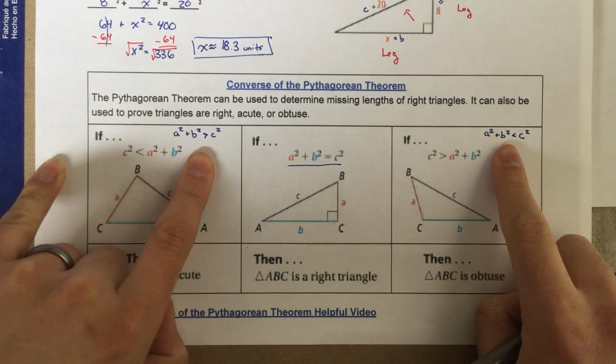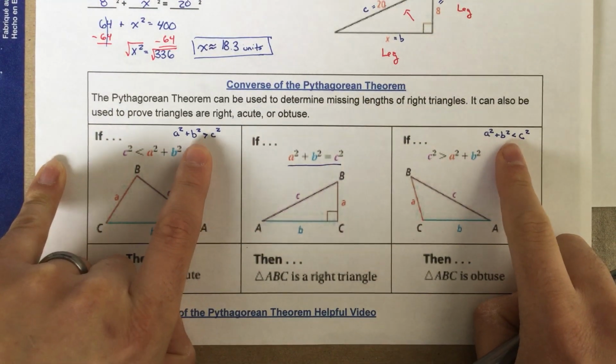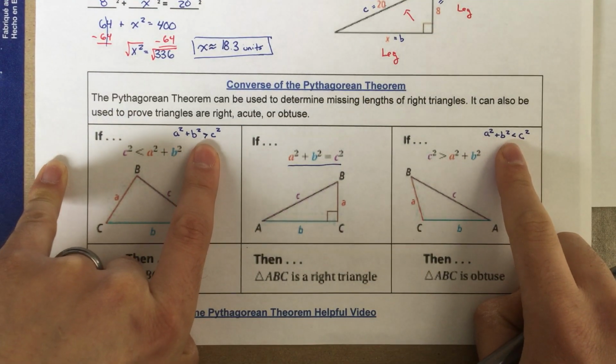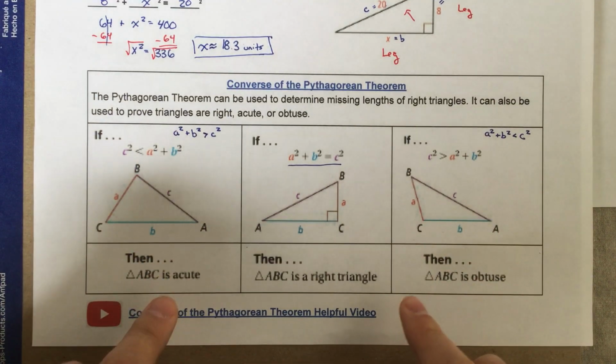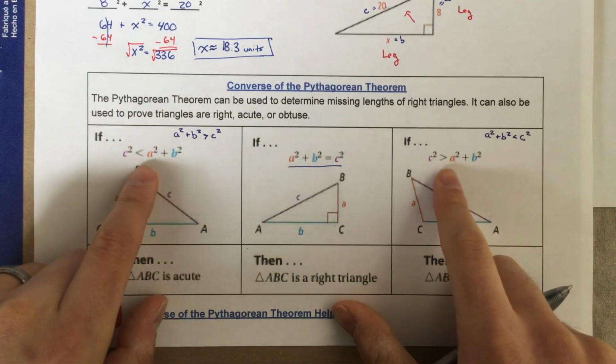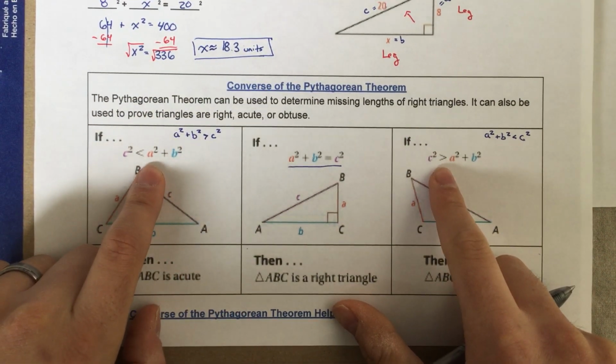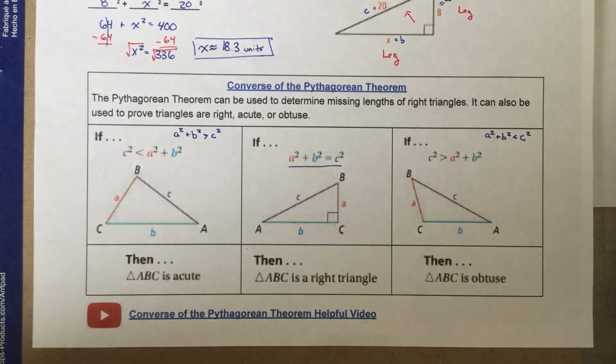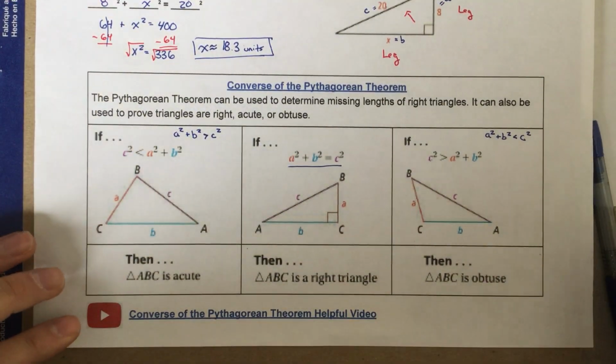I, however, stay away from doing that because when I see these inequality symbols, I actually think about acute and obtuse. And so I want to show you that writing it as a switched equation like this is actually a little easier to visually understand whether it's acute or obtuse.